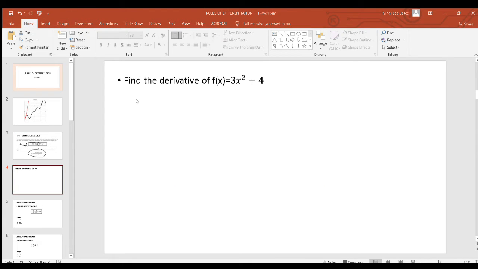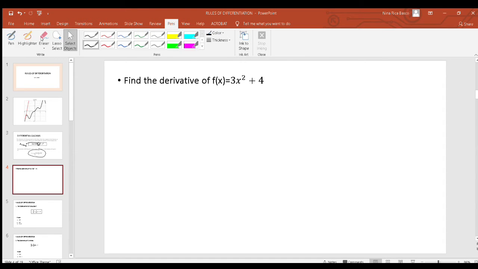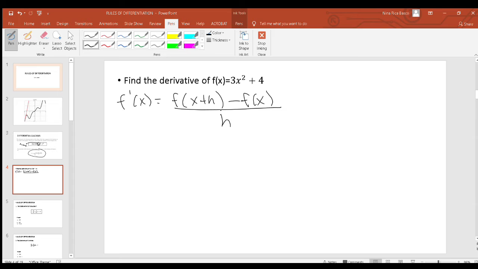For example, find the derivative of f of x is equals to 3x squared plus 4. So, by using the formula for derivatives of a function, which is f prime of x is equals to f of x plus h minus f of x over h. Ay, sorry.